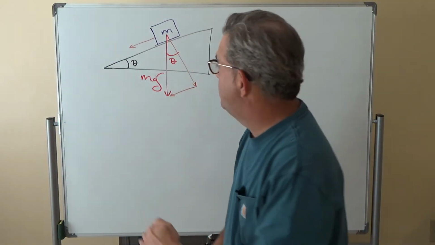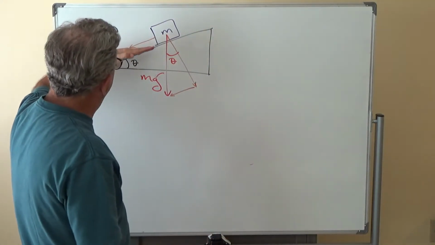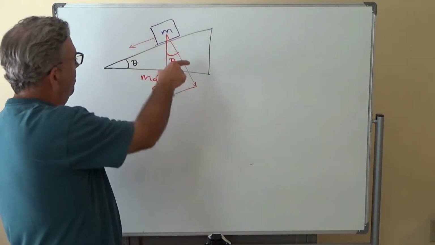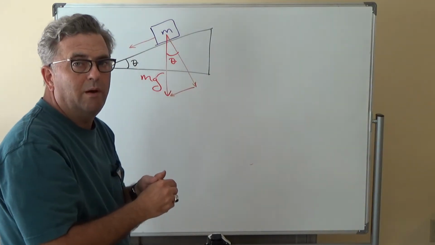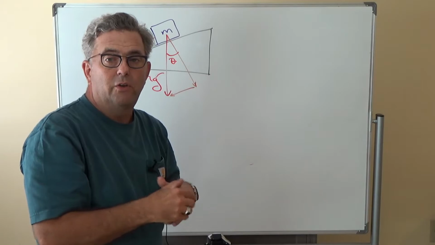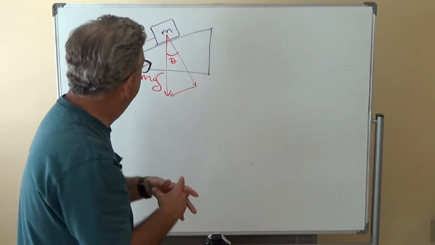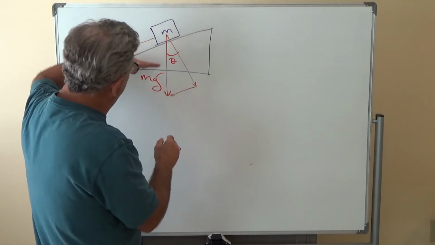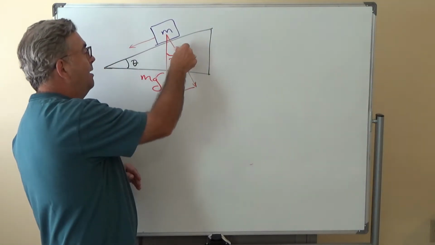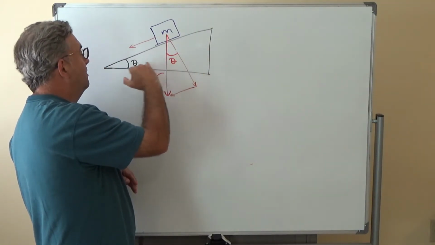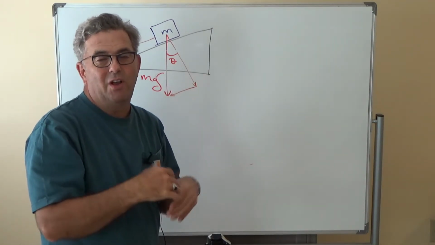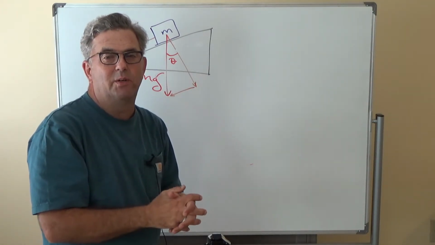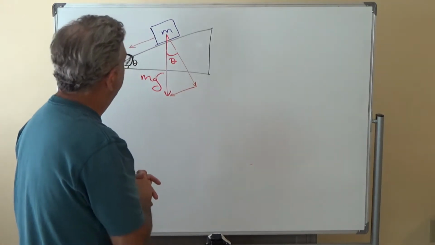As the angle of the incline gets smaller, this starts to come together and get smaller as well. So they follow the same trend, as they get larger, smaller. I claim that this angle is theta, just like this angle. If you want to go through the math or the geometry and prove it, that's fine.